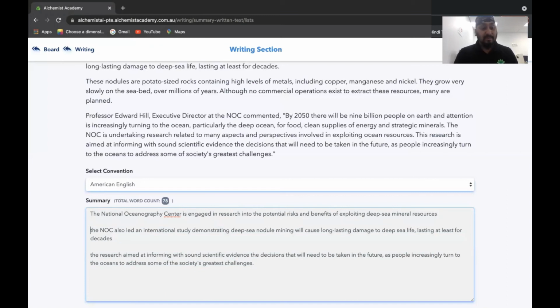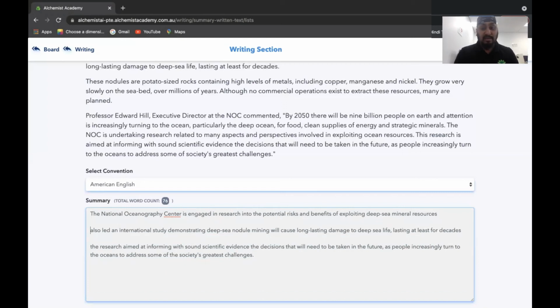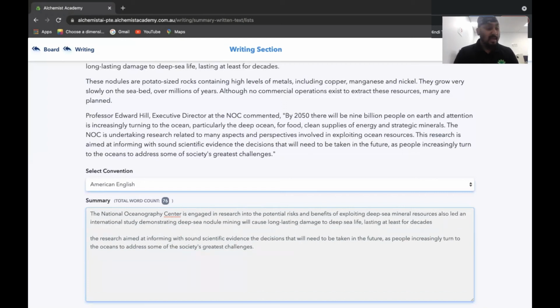Okay, how about I remove this and I just bring it back and I just simply write over here as it, that it is referring to the National Oceanography Center, as it also led an international study demonstrating deep sea nodule mining will cause long lasting damage to deep sea life.